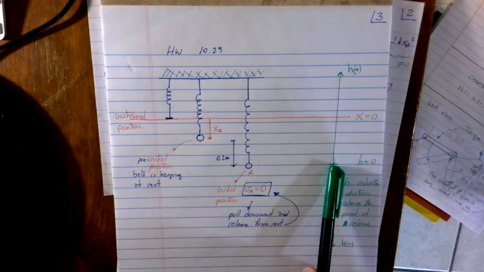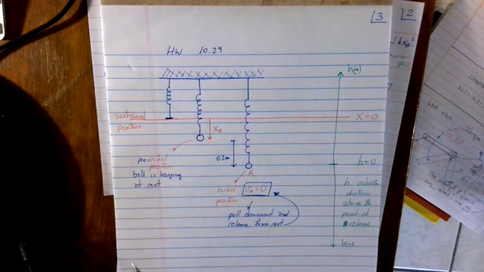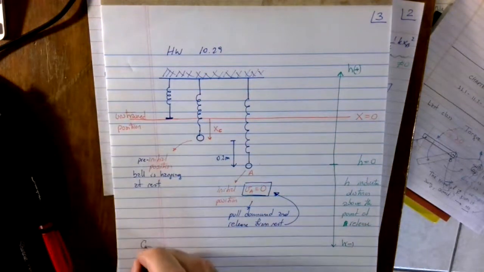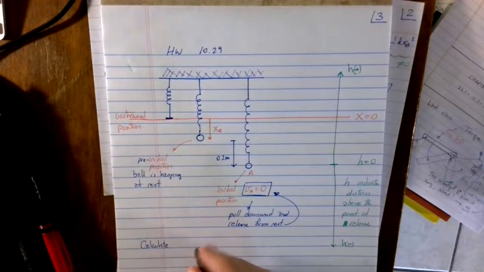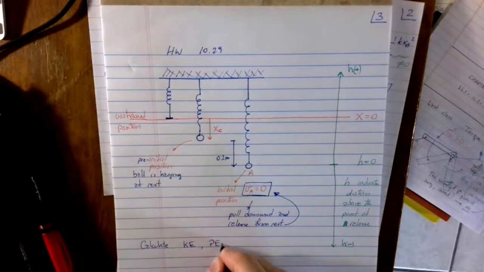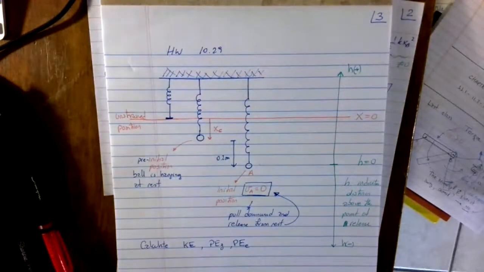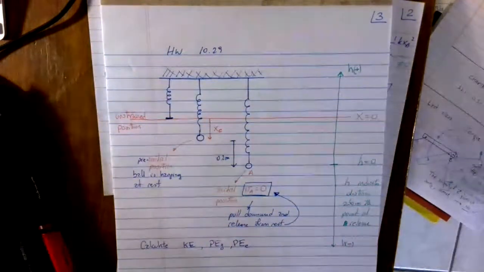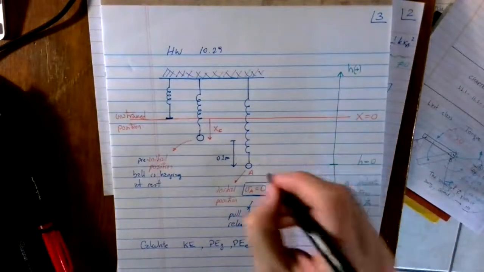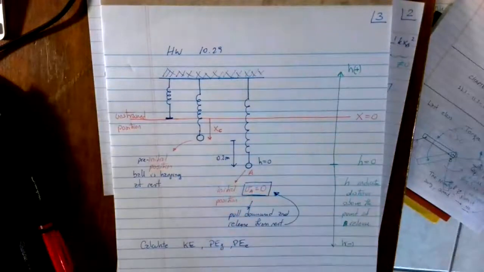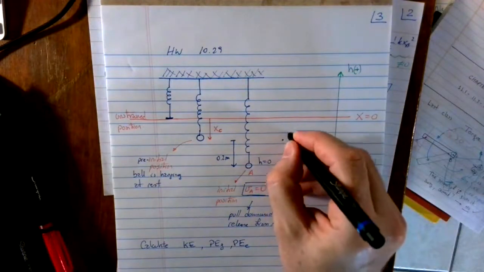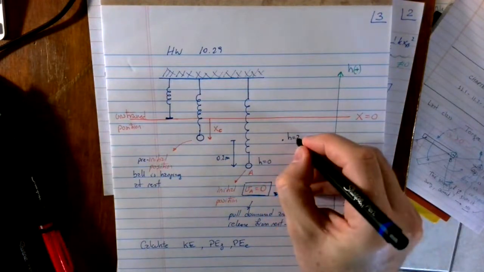Okay, so then in this problem they want us to calculate the kinetic energy, the gravitational potential energy, and the elastic potential energy at different points. At the point h equals 0, which is right here. At the point h equal to 0.2, which is right here.